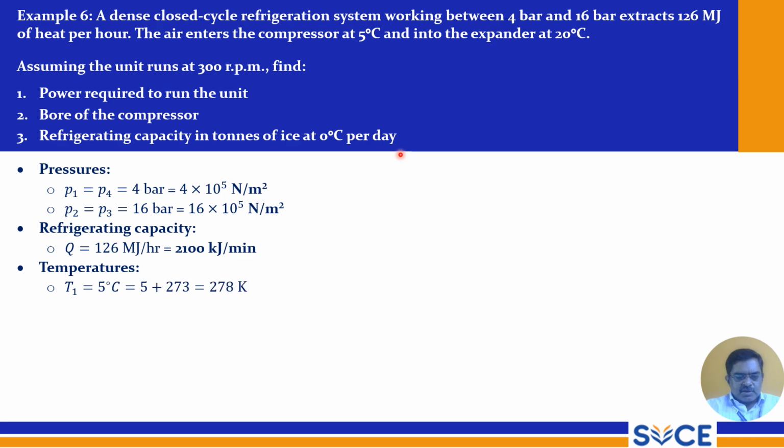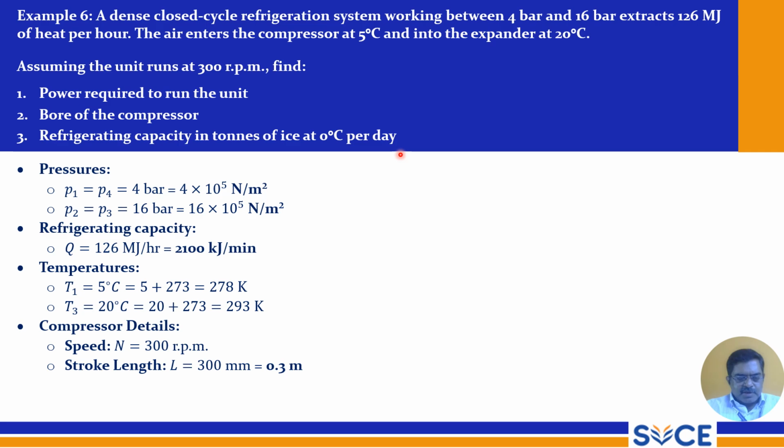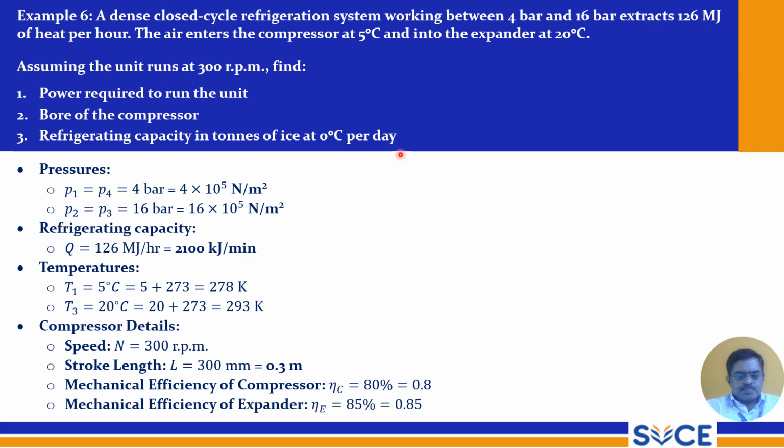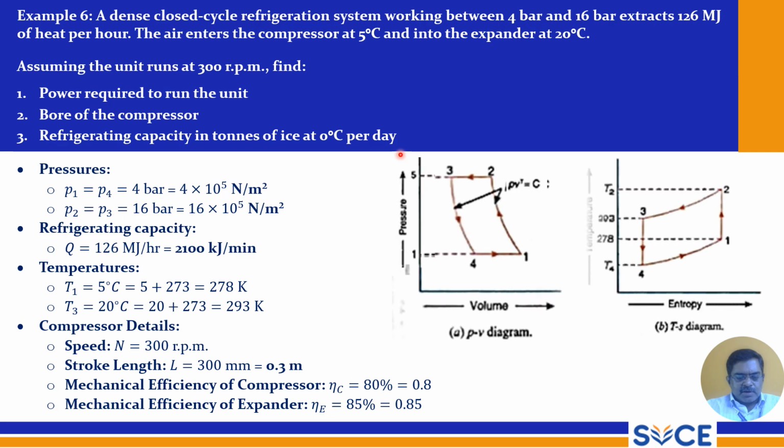Temperatures are given: T1 equal to 5 degrees Celsius, 5 plus 273, 278 Kelvin, and T3 equal to 20 degrees Celsius, 20 plus 273, 293 Kelvin. Compressor details: N equal to 300 RPM, that is the speed, stroke length 300 millimeters, 0.3 meters. Mechanical efficiency is 80 percent, that is 0.8. Mechanical efficiency of the expander is 85 percent, that is 0.85.